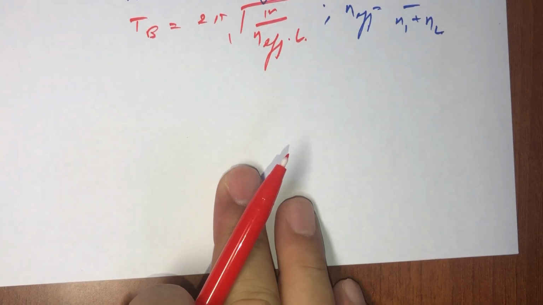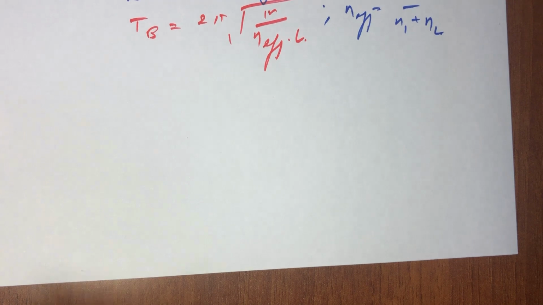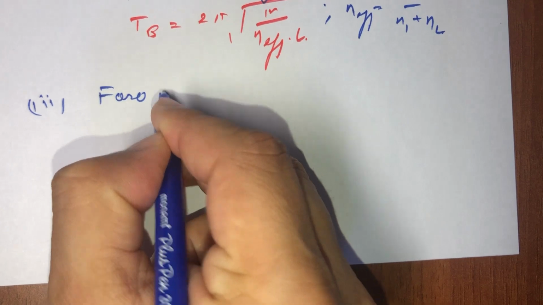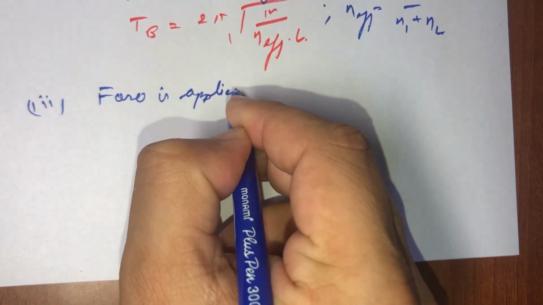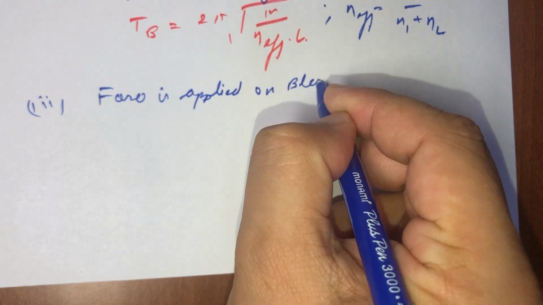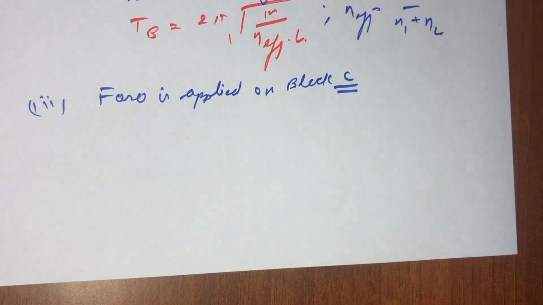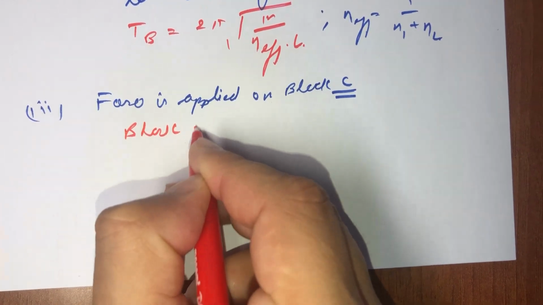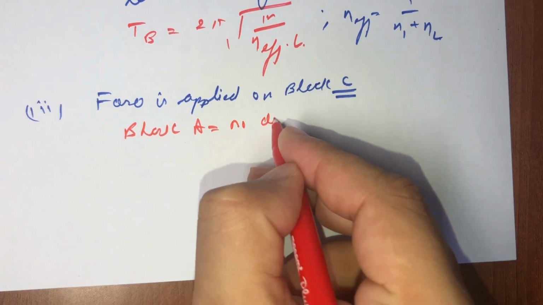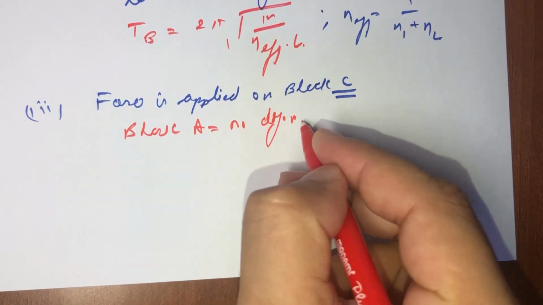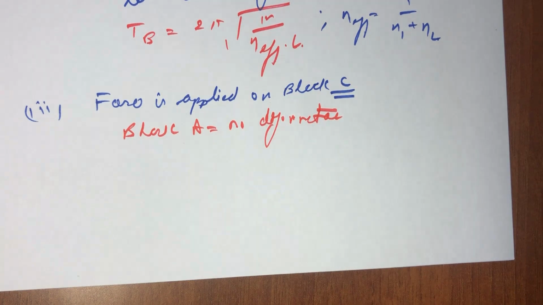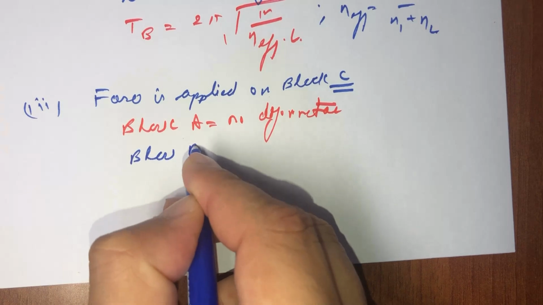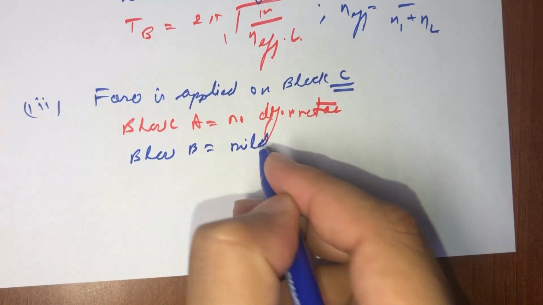And if the force is now applied on block C, here also block A will have no deformation. Block B will have only mild deformation, or in short we can say almost no deformation.